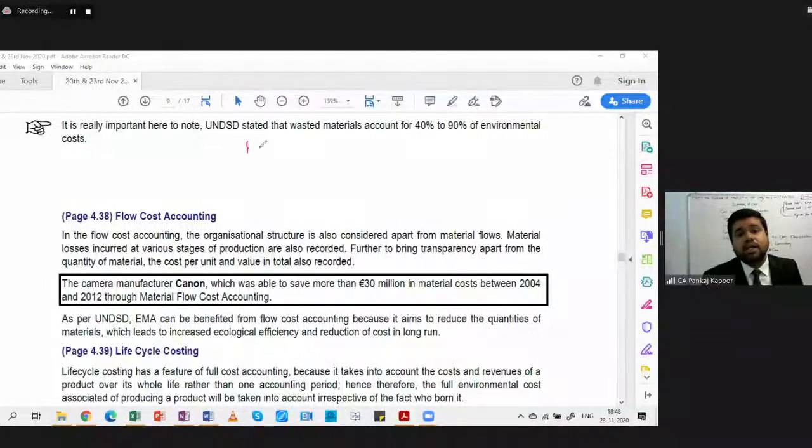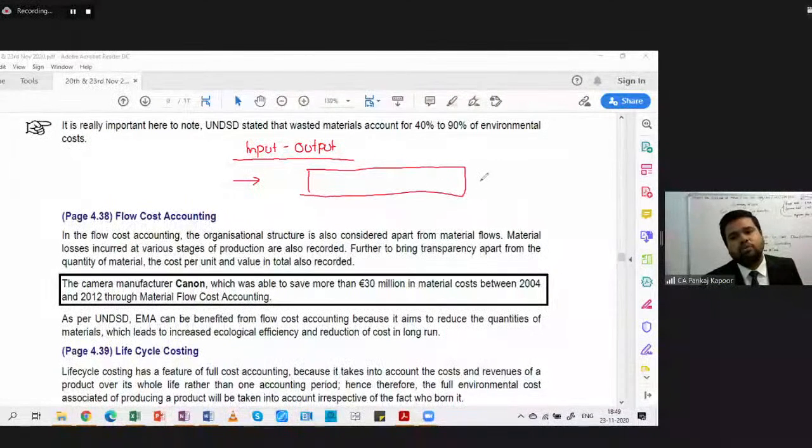Friend, in the input-output analysis, we simply considered only how much of the material you inserted, then we considered the process and we considered the output. But flow cost accounting is a bit of an advanced version. What does it say? That the process is nothing but a combination of various activities. You must see activity 1 performed by which department, activity 2 of the process performed by which department, activity 3 performed by which department.